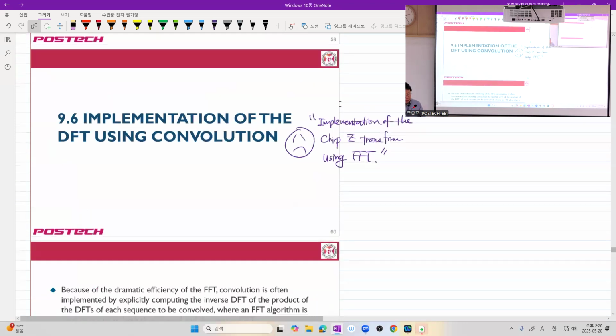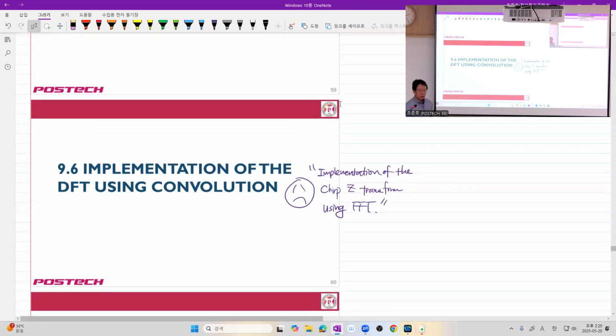Anyway, okay, here goes the next section entitled Implementation of the DFT using Convolution. And I read this one before coming to the class meeting, and even though the authors say that there are some cases where we need to use convolution to implement DFT, they claim.